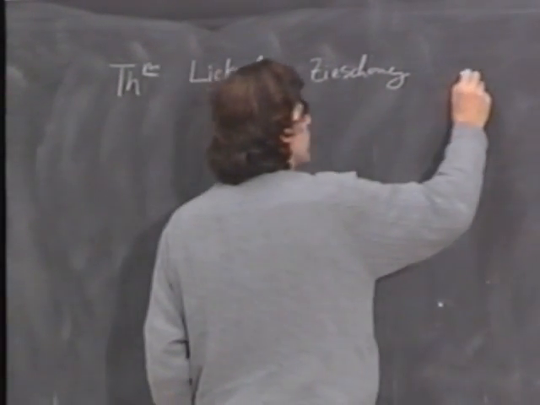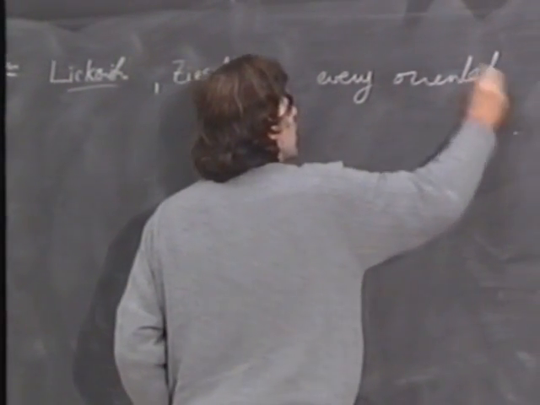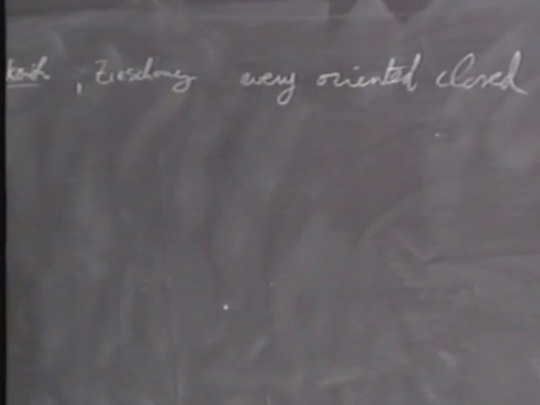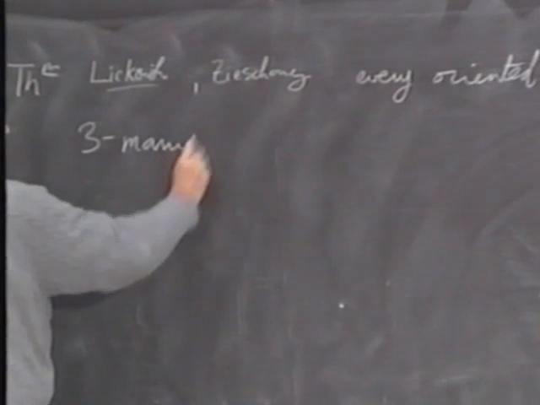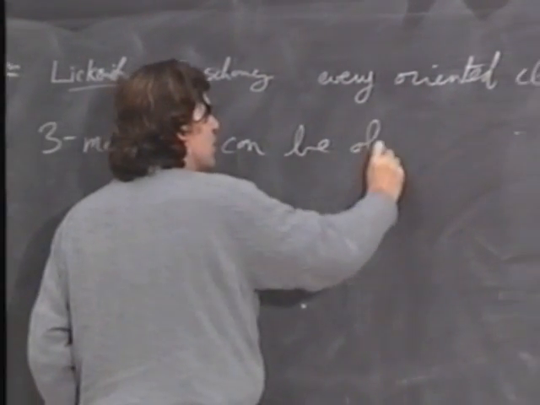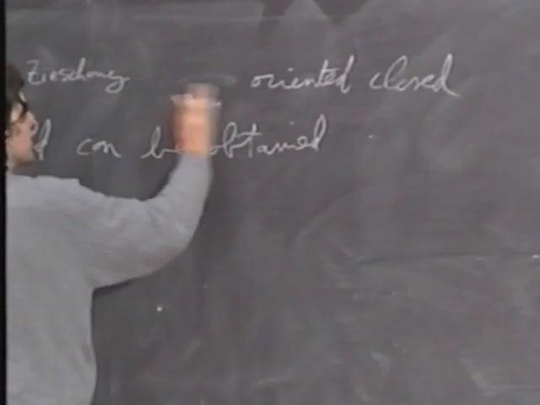independently. So every oriented closed three manifold can be obtained. Let me put it this way.